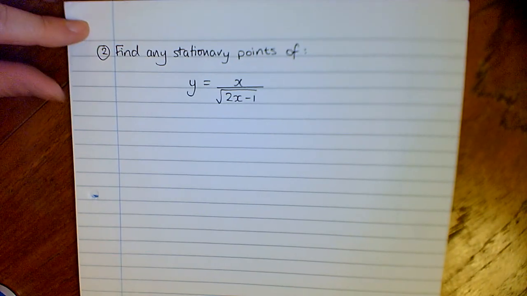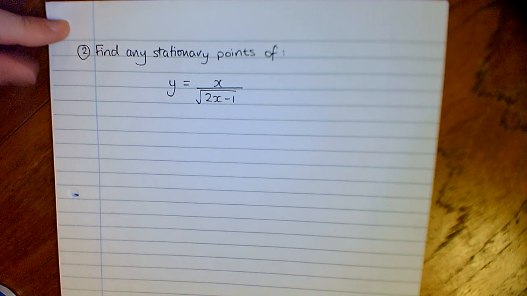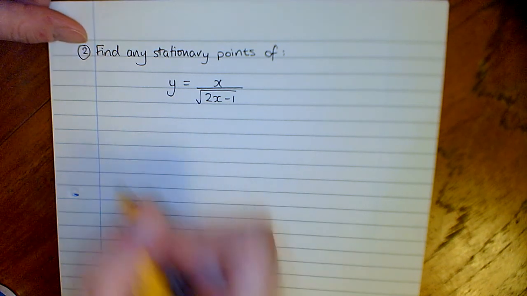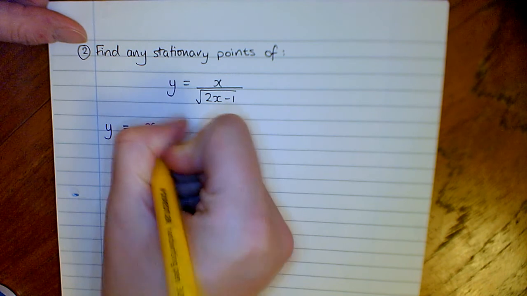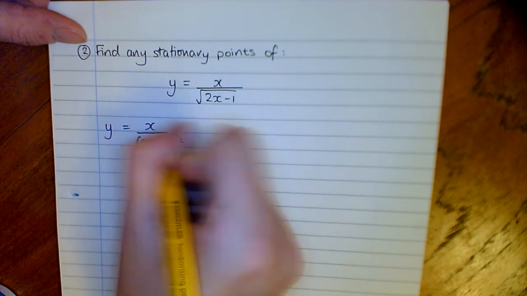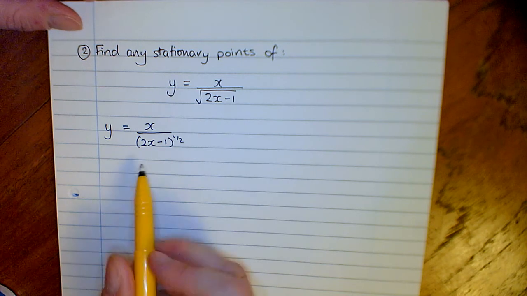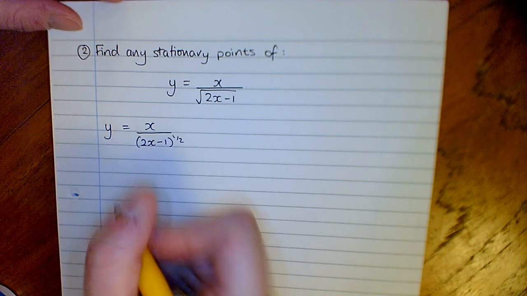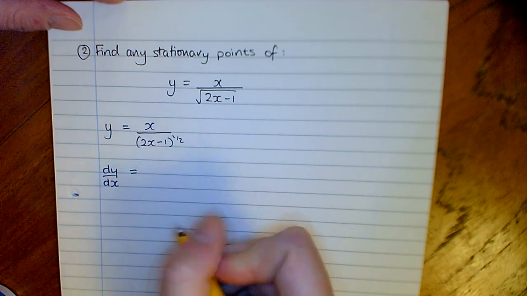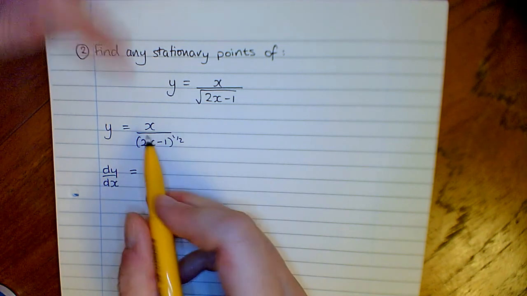Okay, our second one then, find any stationary points of y equals x over the square root of 2x minus 1. So the first thing, I would write that as x over 2x minus 1 to the power of a half, and differentiate using the quotient rule.